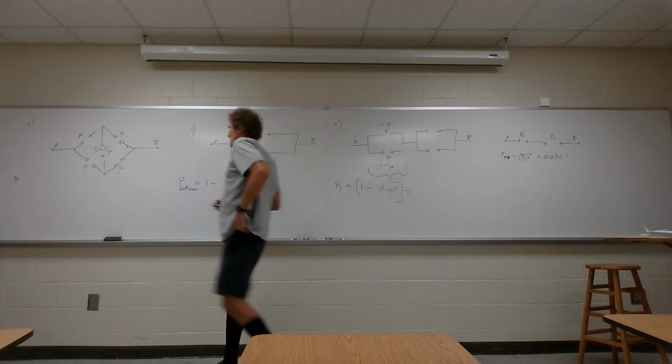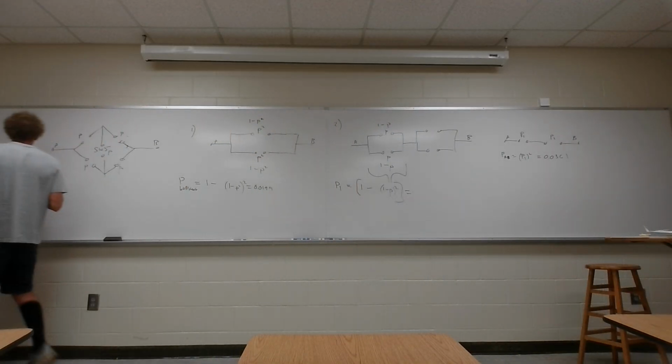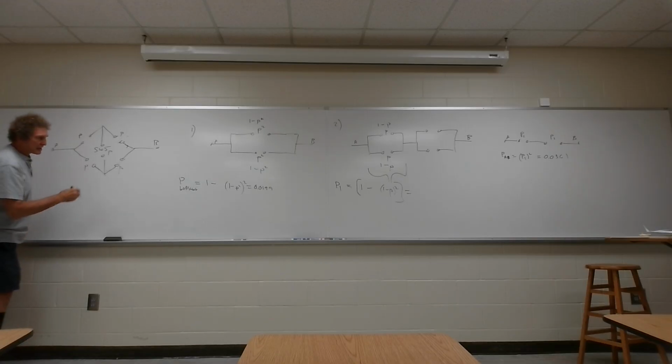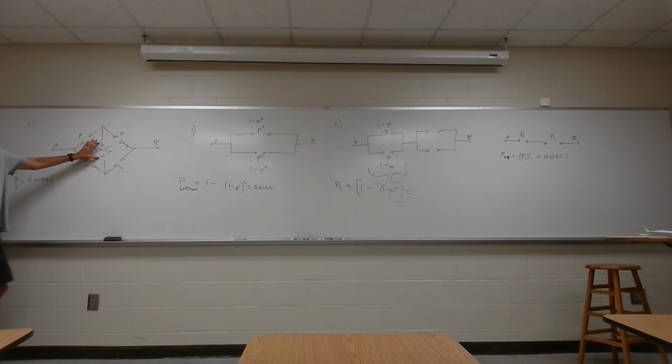So the probability of this working and P A to B working, and I'm just going to call it PW right here, is going to be the probability from 1, and that's 0.0199, but it's the probability of this switch being, now you got to multiply it by the probability of the switch not working, right?